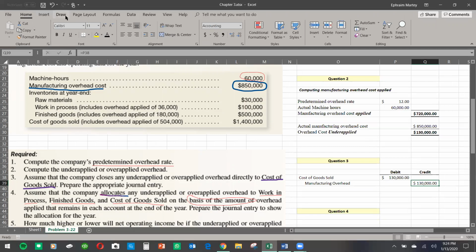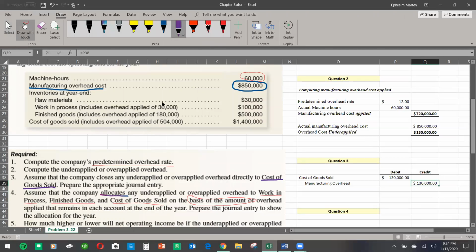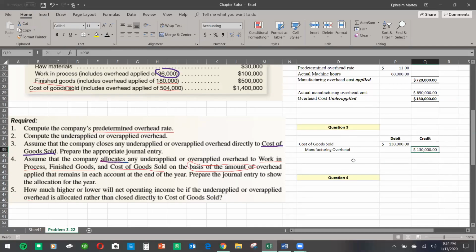Finished goods, 180,000 of it was overhead cost, and cost of goods sold, 504,000 was overhead cost. We will add these together to give us 100%, and we find the appropriate percentage of the total for each. We'll begin by doing that first step, and then we will carry on from there.